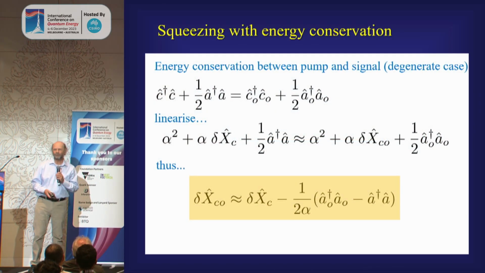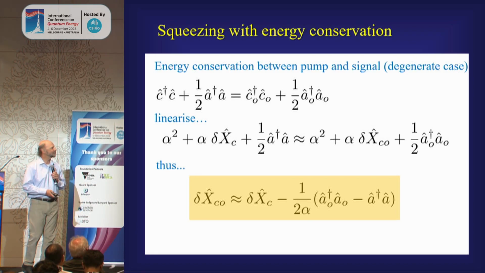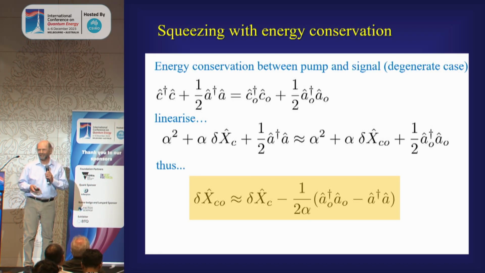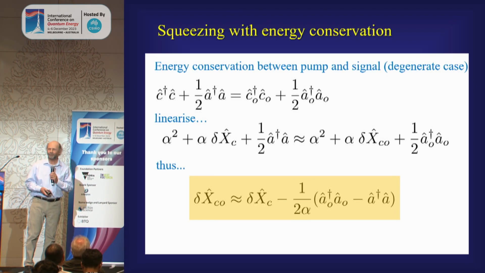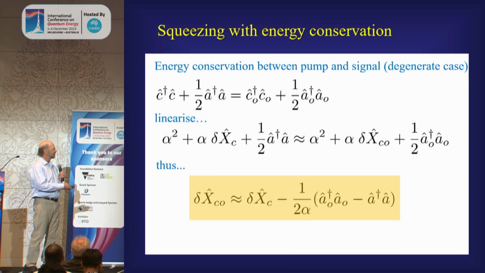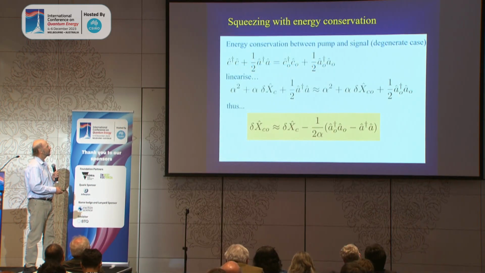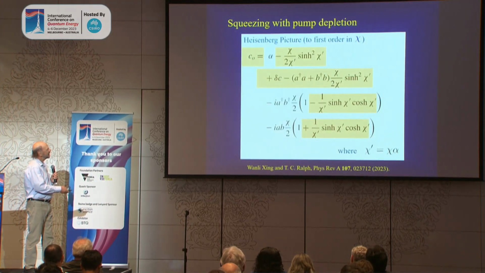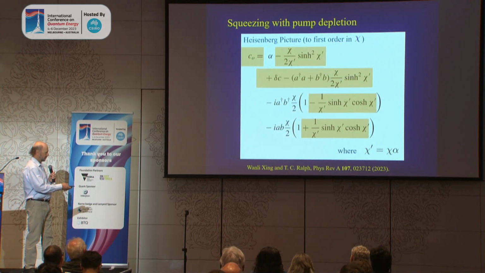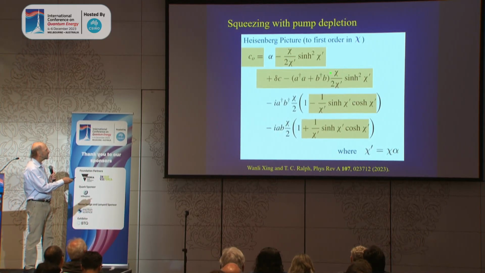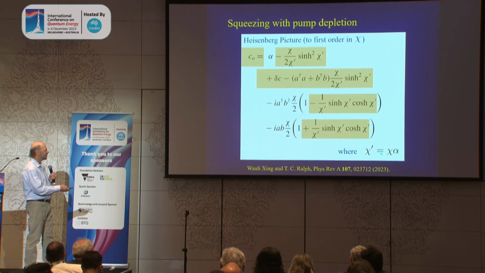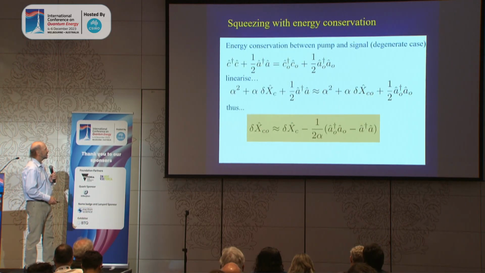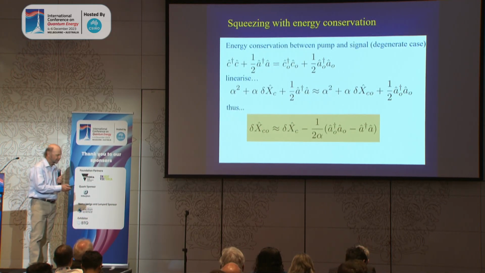Typically that would be very large, and the larger you make it, the smaller this term is. This is why the undepleted pump theory works so well in the lab. That term is coming from here, where we have these terms with chi on chi dash, and chi dash is just alpha times the intrinsic nonlinearity, and so that's why they cancel out and you get this one on alpha.